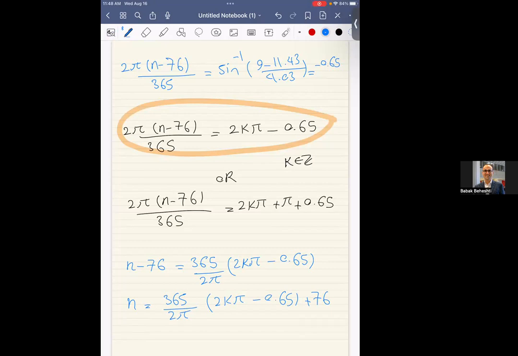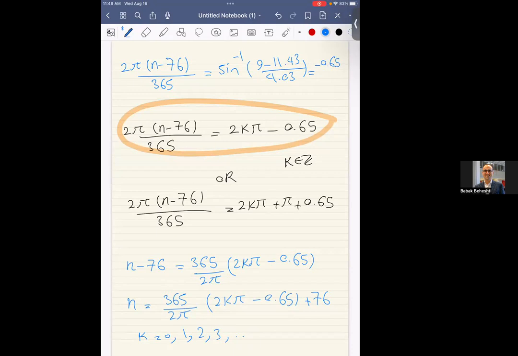In order to find the exact value of n, you let k equal 1, 2, 3, 4, and for each one you compute n. For example, if k is equal to 1, then you have 365 over 2 pi. And of course, I forgot that, k can also be 0. So you begin from 0, 1, 2, 3.